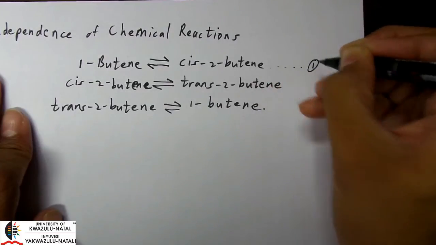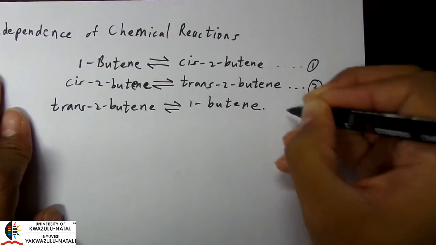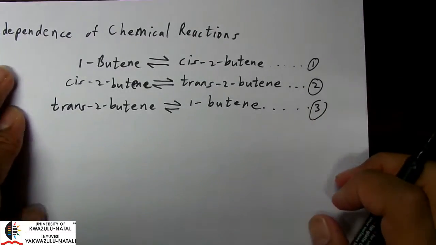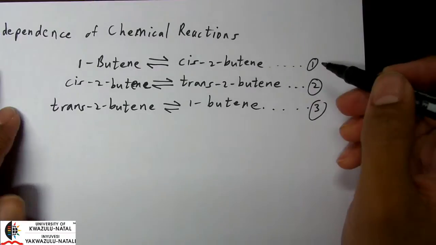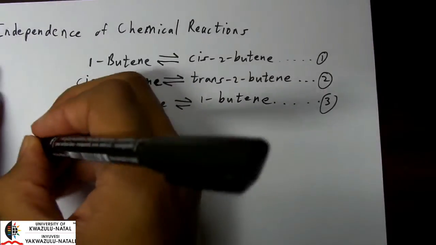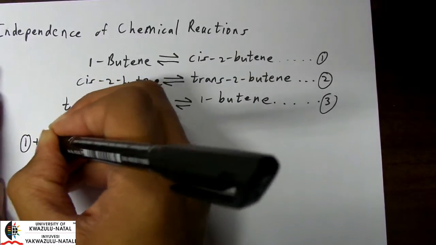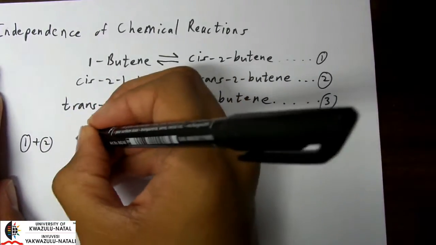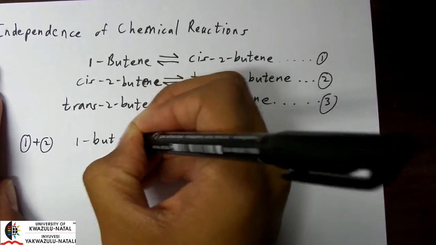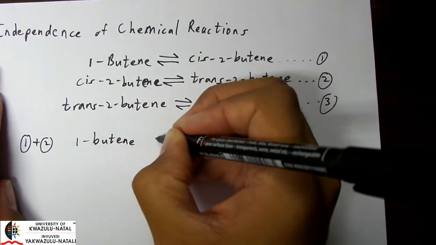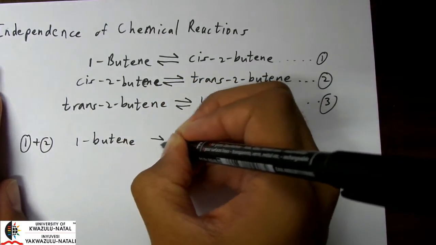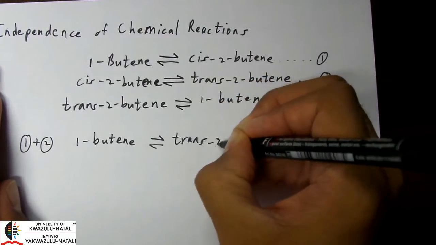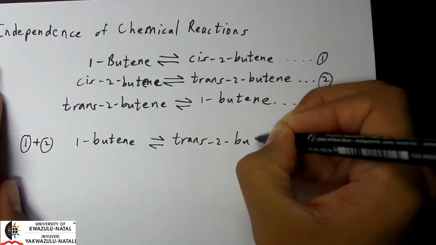And if we had to number these reactions, let's say 1, 2 and 3, then what we find is that if we, for example, add reaction 1 plus reaction 2, we will end up getting 1-butene becoming trans-2-butene.